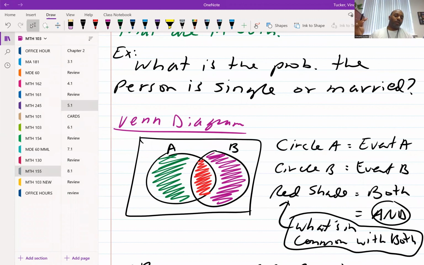So I just want to make sure we get a little bit of a Venn diagram on how and or works.